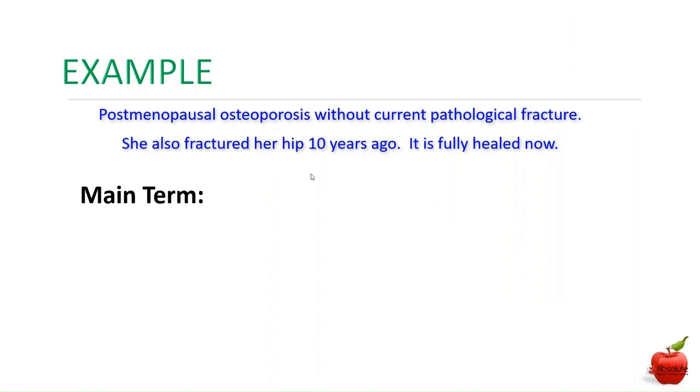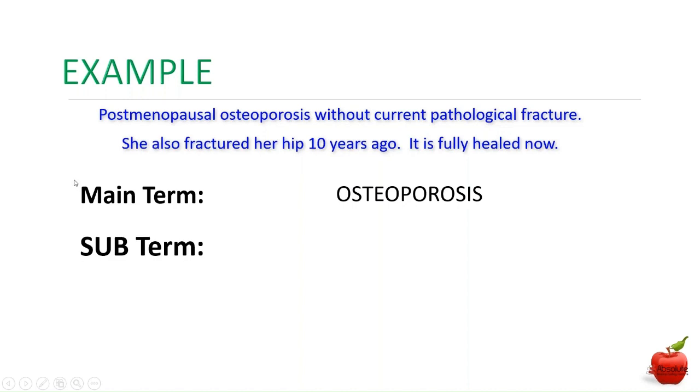The next one we have is postmenopausal osteoporosis without current pathologic fracture. She also fractured her hip 10 years ago and it is fully healed now. So what will be the main term for this scenario? Again, this is going to be osteoporosis. And how about the subterm?